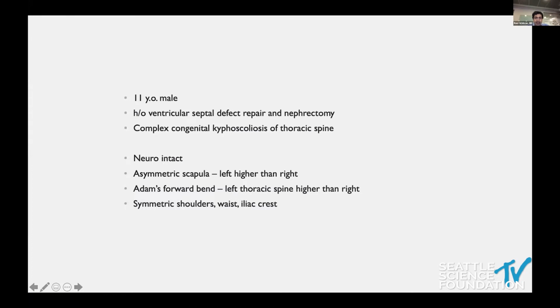And he has a complex congenital kyphoscoliosis of his thoracic spine, which we'll show you in a second. He is neuro intact. He does have asymmetric scapula, the left higher than the right. On Adams forward bend test, the left thoracic spine is higher than the right. His shoulders sit symmetric, as do his waist and iliac crest.